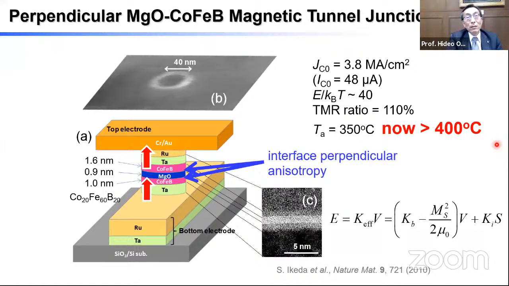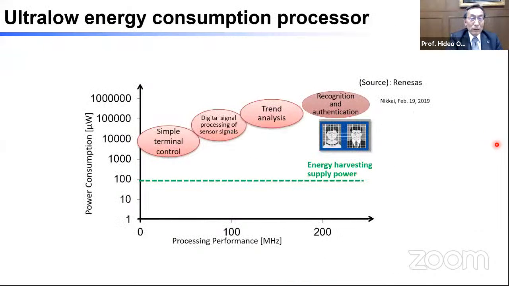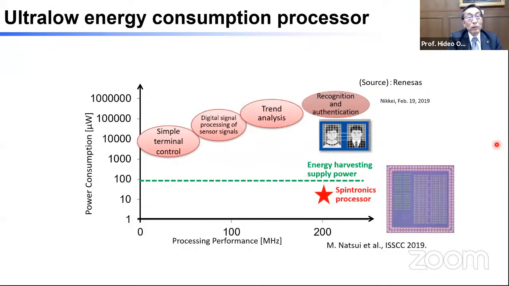So we went ahead using these devices and came up with a processor that can work below 100 microwatt. 100 microwatt is important because we want to see our microprocessor working at such low power that we can generate the power from ambient sources, like, of course, light, or heat difference, and there are many sources that we can harvest from the environment, and the maximum power is usually 100 microwatt.